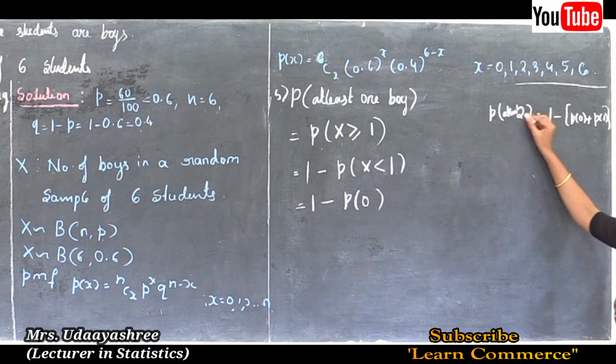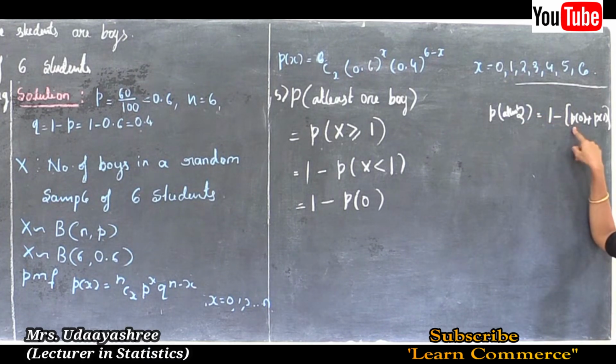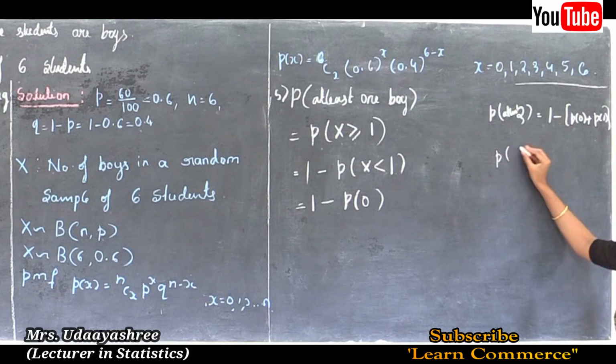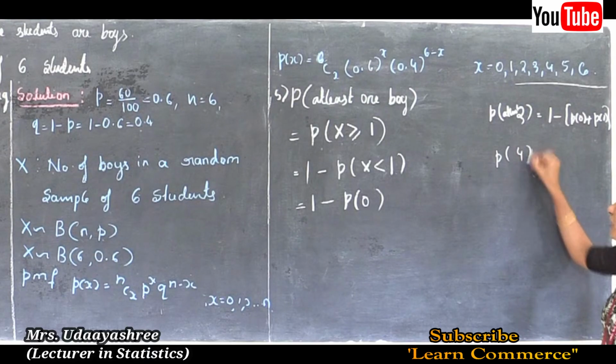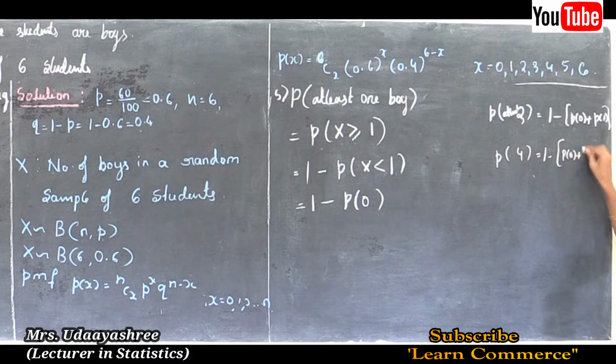If it is at least 3 boys, then what is the formula? That is 1 minus P of 0 plus P of 1 plus P of 2. If it is, for example, probability of getting at least 4 boys, then the formula is 1 minus P of 0 plus P of 1 plus P of 2 plus P of 3.